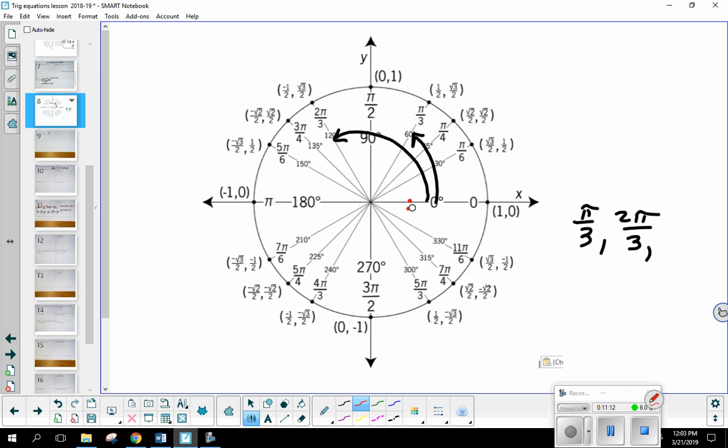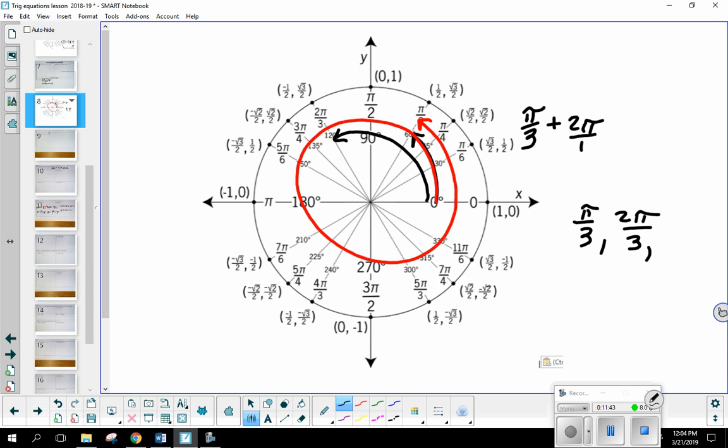Because I could continue to revolve these around, but then I need to go around one additional time. So for this one, pi over 3 was an answer, but now I'm going to come all the way back around to pi over 3 again. So what am I actually adding to pi over 3? Another full revolution is 2 pi. Remember, that's coterminal. I go all the way back around and stop there.